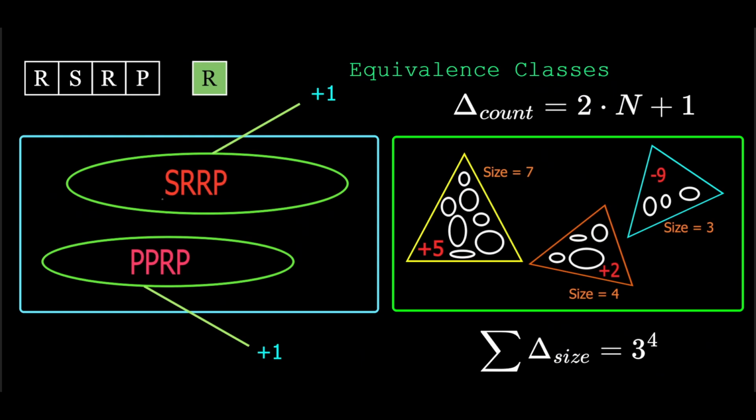For example, consider these 2 ellipses inside that first rectangle of 4 rounds. This is SRRP and this is PPRP. Even though they might look very different in what is being written, you will realize that the only thing that matters for the end is the score of Bob in these 4 rounds, and the score of this configuration is +1 and the score of this configuration is also +1.